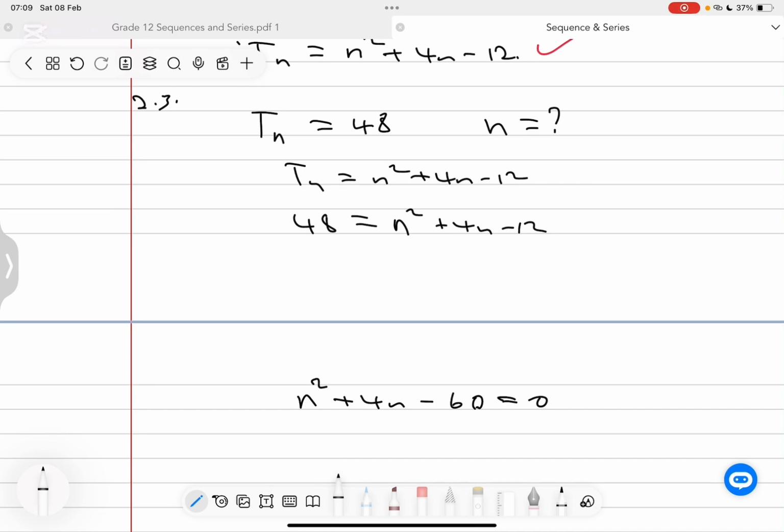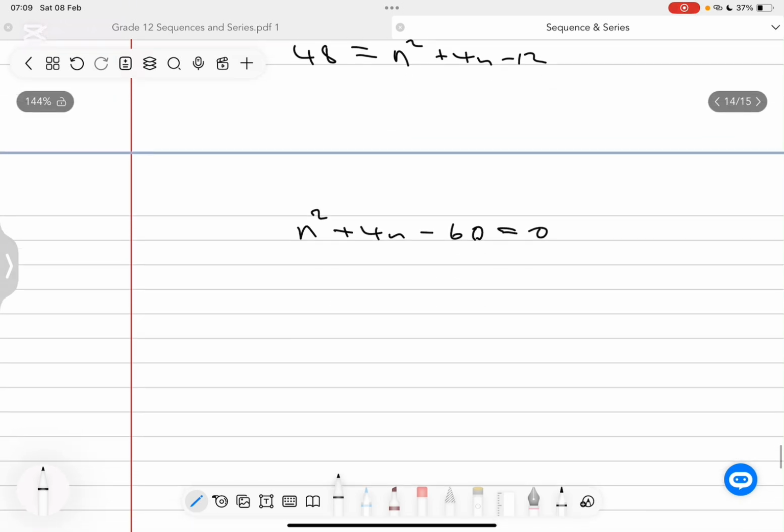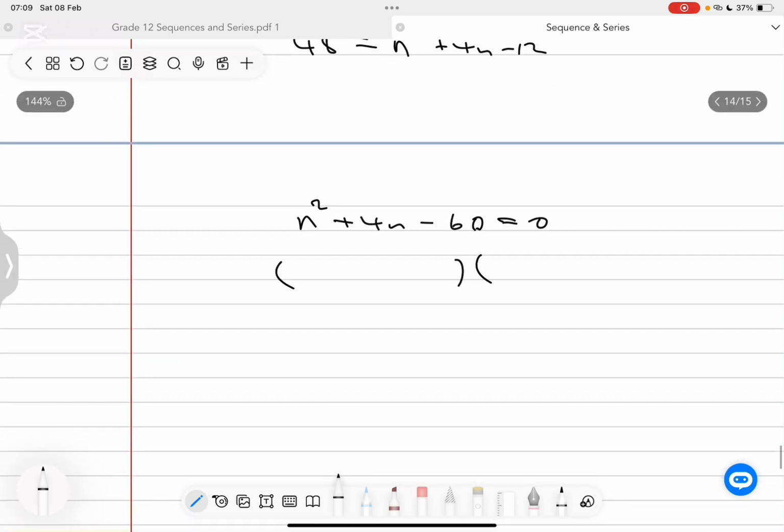Now, from here, I think we can factorize this. We can break this into two factors and say it is equal to 0. Obviously, here we're going to have the n and the n. And the factors that naturally come to mind for me are a 10 and a 6, because I know that 10 times 6 gives me 60.